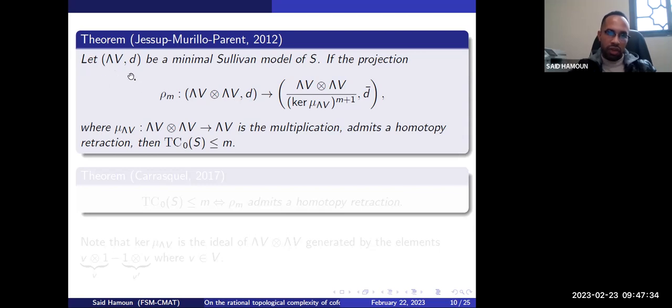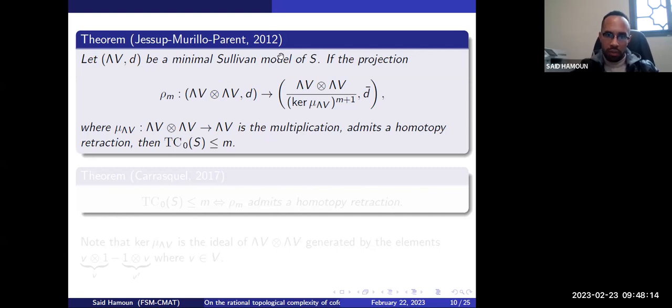More exactly, if lambda V d is a Sullivan model for S, and if mu lambda V is the multiplication over the algebra lambda V, and if rho m is the projection from the algebra lambda V tensor lambda V to the quotient algebra lambda V tensor lambda V over the ideal, the kernel of mu lambda V to the power m plus 1. Here, the differential d bar is the differential deduced by d.